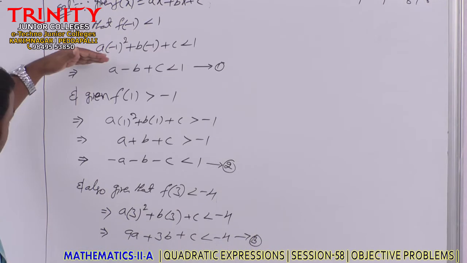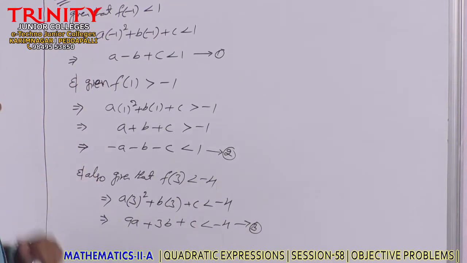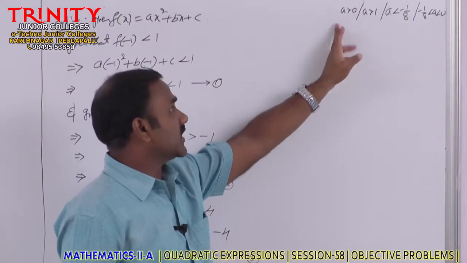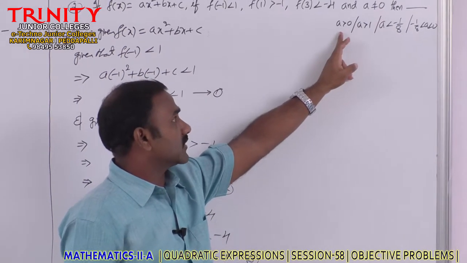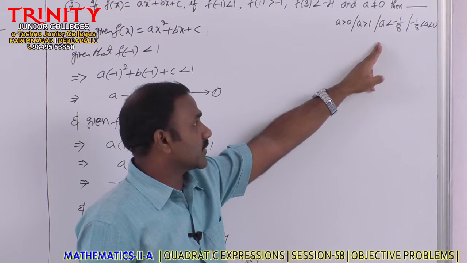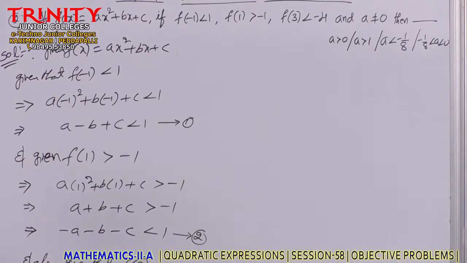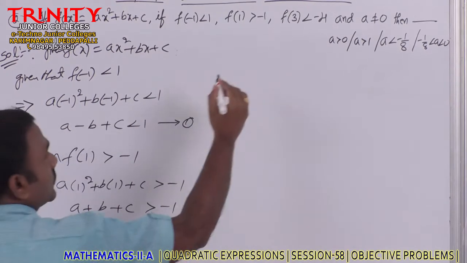Now, by solving these three equations 1, 2, 3, we should get the limits of a, whether a is greater than 0, or greater than 1, or less than minus 1 by 8, or lies in between minus 1 by 8 to 0, by using these three relations.